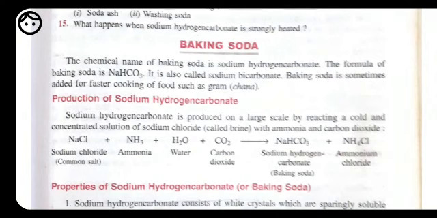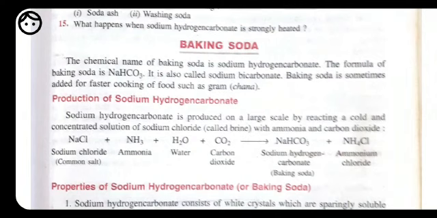It is also added into some types of food to make the food fluffy. But the baking powder we use at home is not the actual form of baking soda, because baking soda is actually bitter in taste. That's why we add some tartaric acid to it to make it neutral.